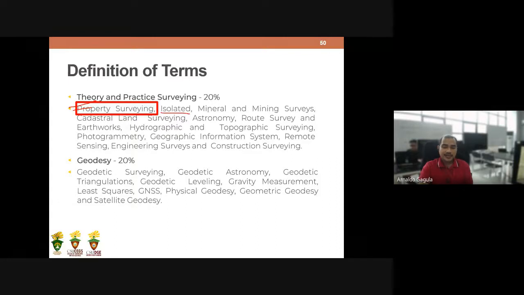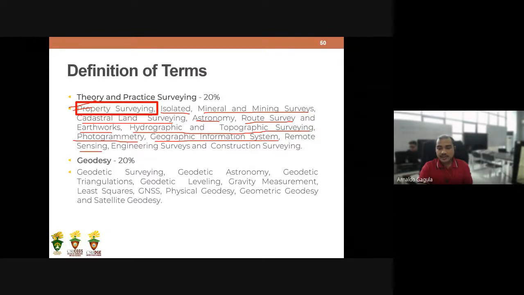Isolated surveys, mineral and mining surveys, cadastral land surveying, astronomy, route survey, and earthworks. Hydrographic and topographic surveying, photogrammetry, GIS, remote sensing, dili na siya masulod ng mga topic. Engineering surveys and construction surveying.